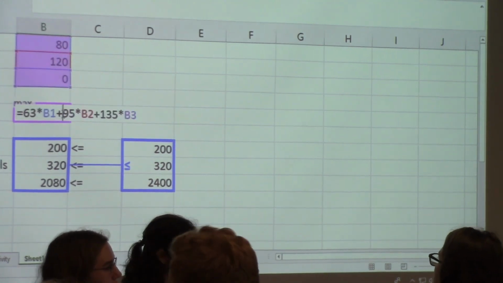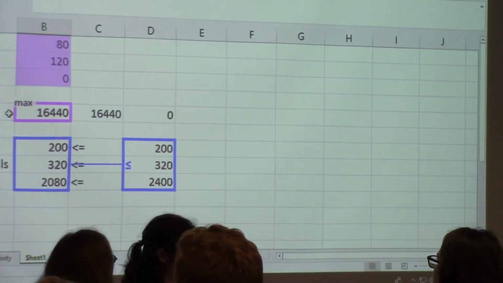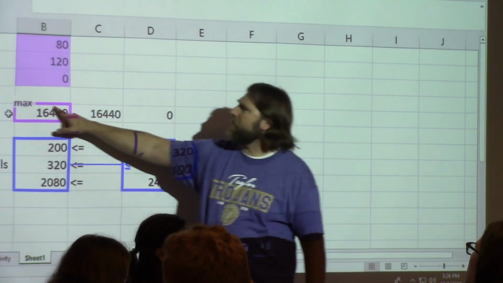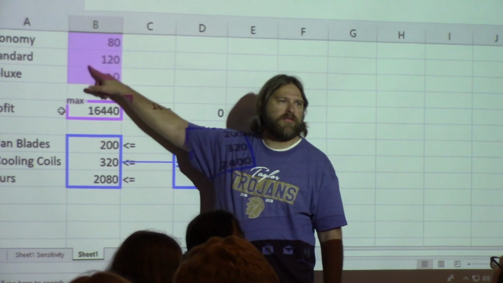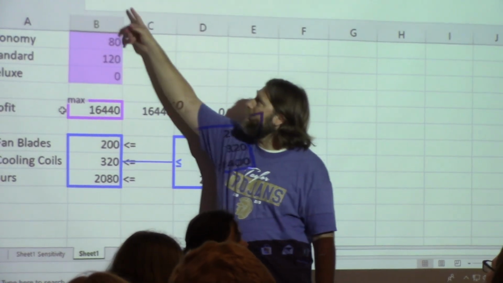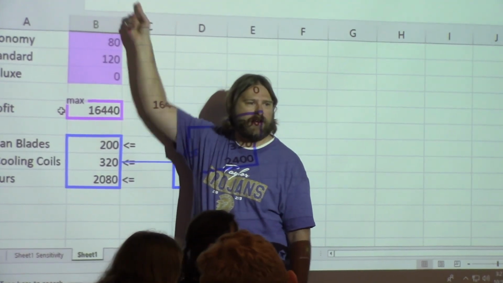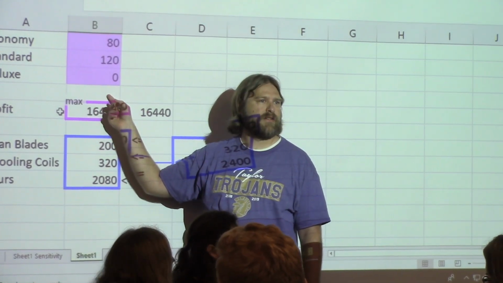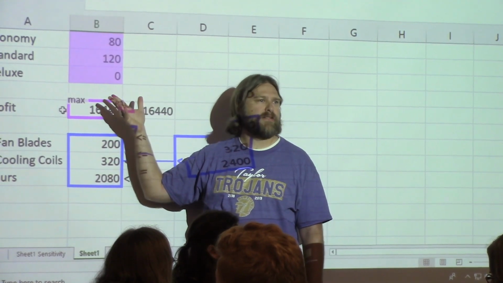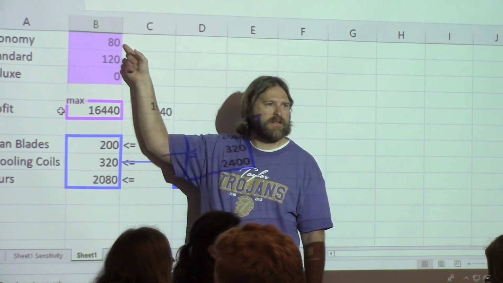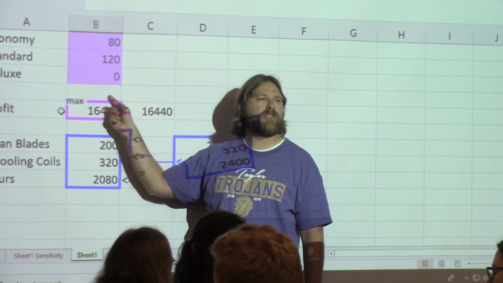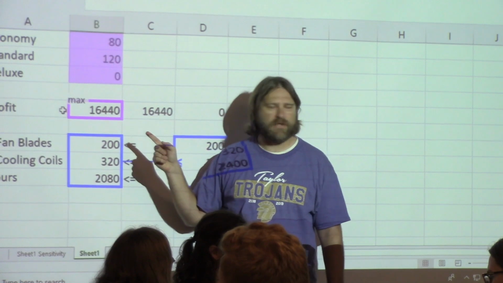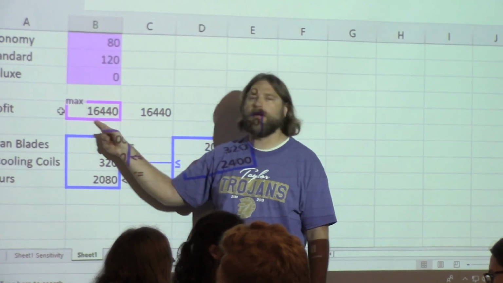It's this value right here, that 16,440. Our objective function incorporates all of our variables multiplied by some coefficients to get some value for our final solution. So we're talking about multiple values: the values of each of these individual variables and the value of this function that we're maximizing in this case. So these directly inform this.